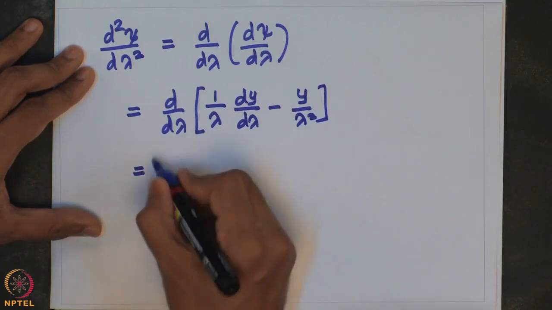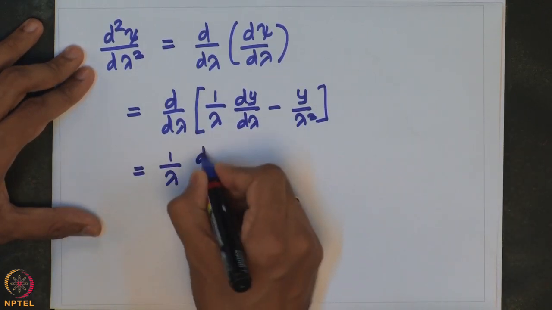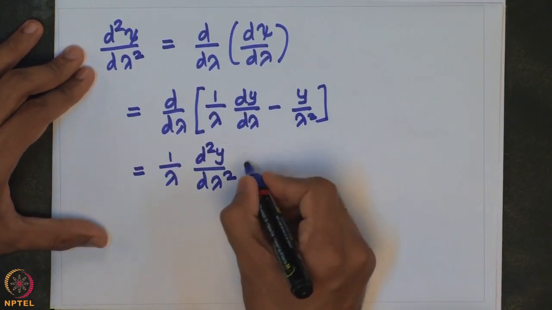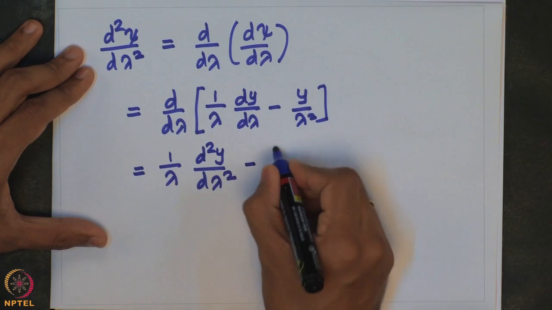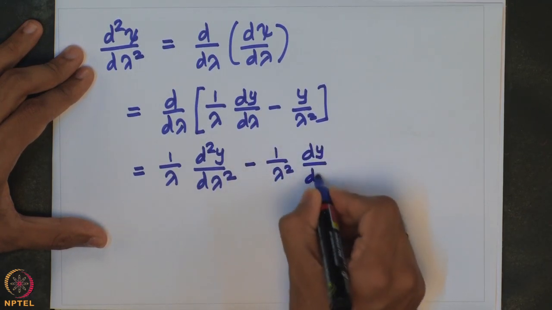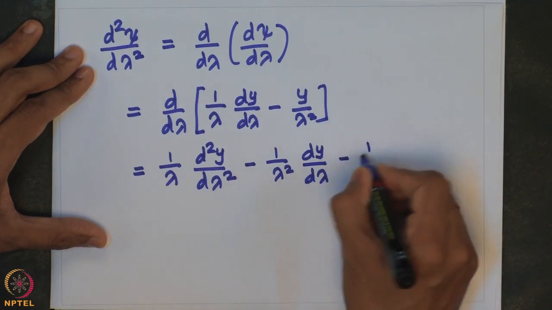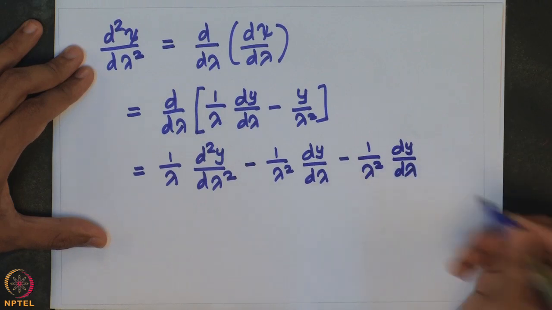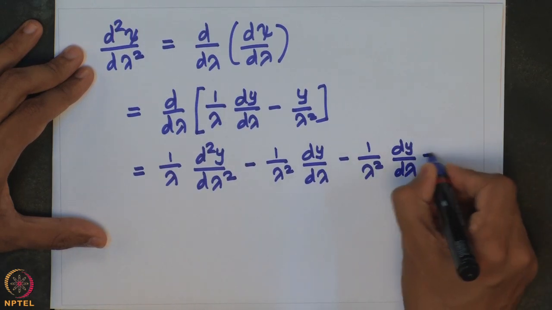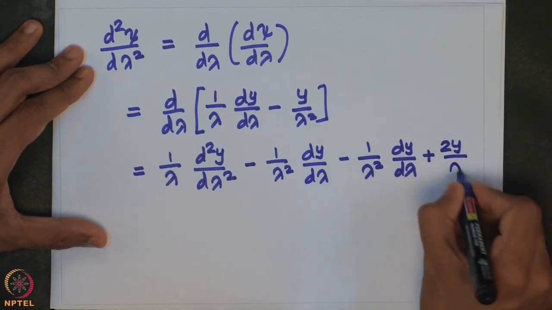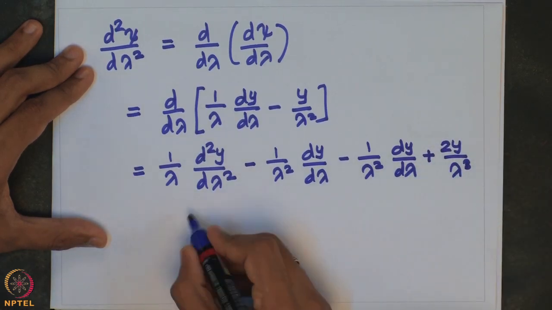That is equal to 1 by lambda d square y by d lambda square minus 1 by lambda square dy by d lambda minus 1 by lambda square into dy by d lambda plus 2y by lambda cube.